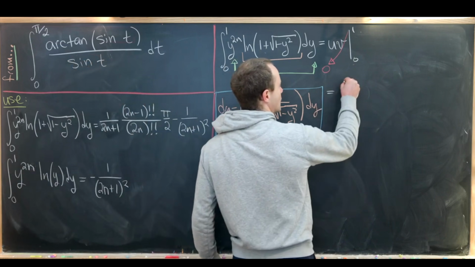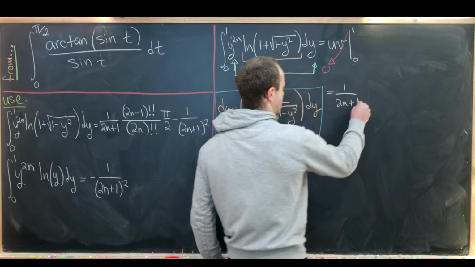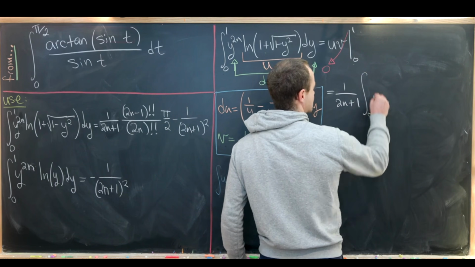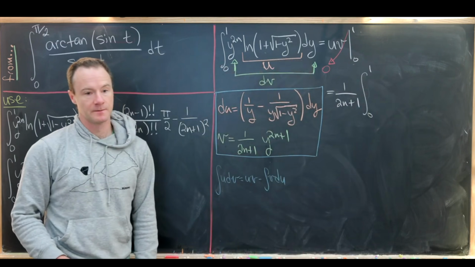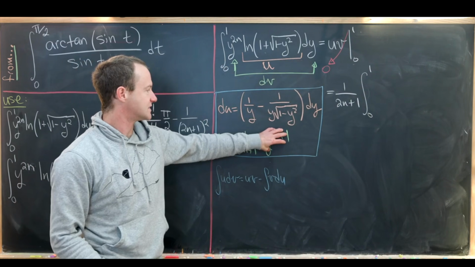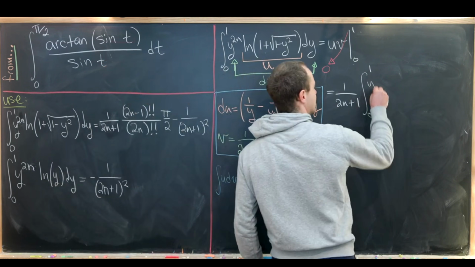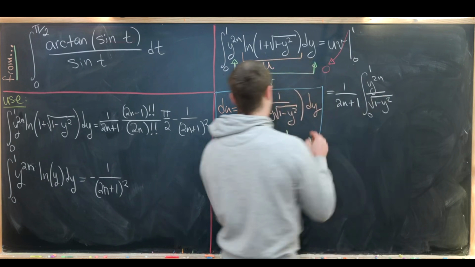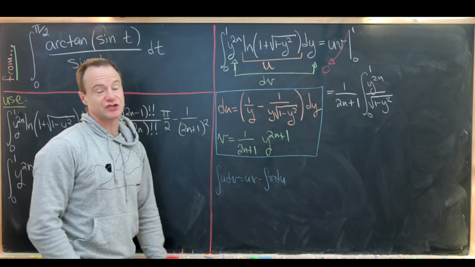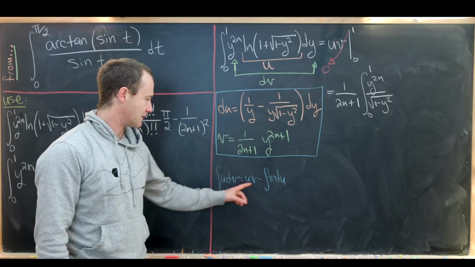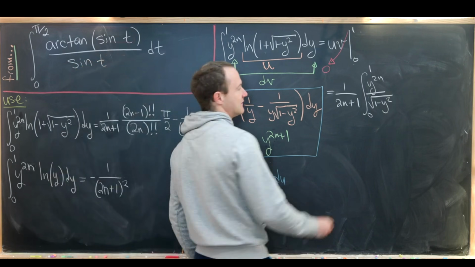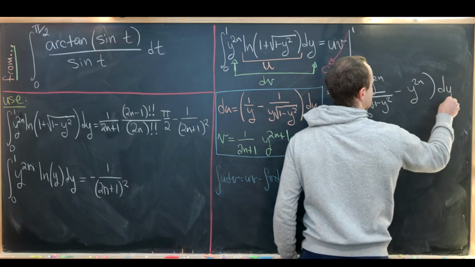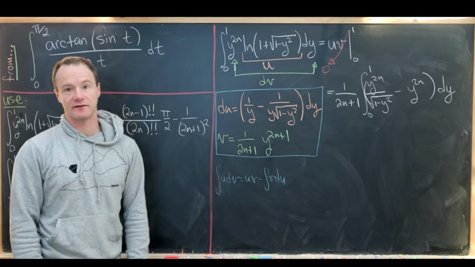And that'll give me 1 over 2n plus 1. So that's taking this constant out. And then I'll have the integral from 0 to 1 of y to the 2n over the square root of 1 minus y squared. That's what we get from this term. Recall that we're changing the order of subtraction because of our minus sign built in here. And then finally, minus y to the 2n dy. So that's what we have.